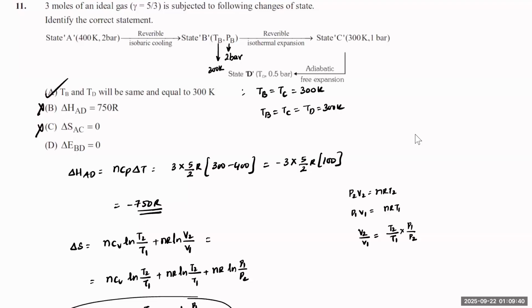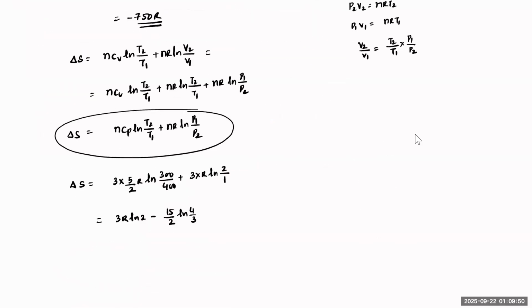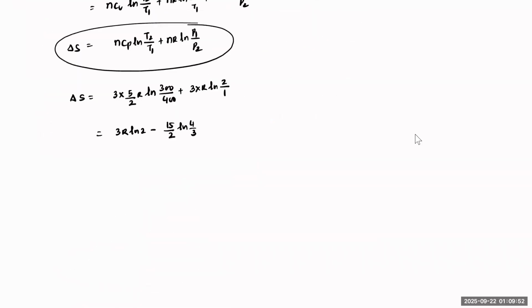Okay. Last one, internal energy change. Delta E means internal energy change between B to D. Is there any temperature change? No change, same temperature. So delta U of B to D, or delta E of B to D, that is one and the same, has to be equal to 0 as delta T is 0.